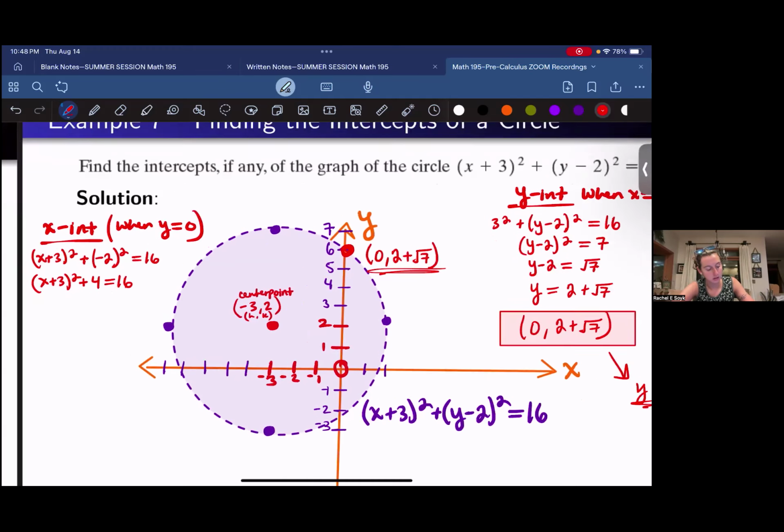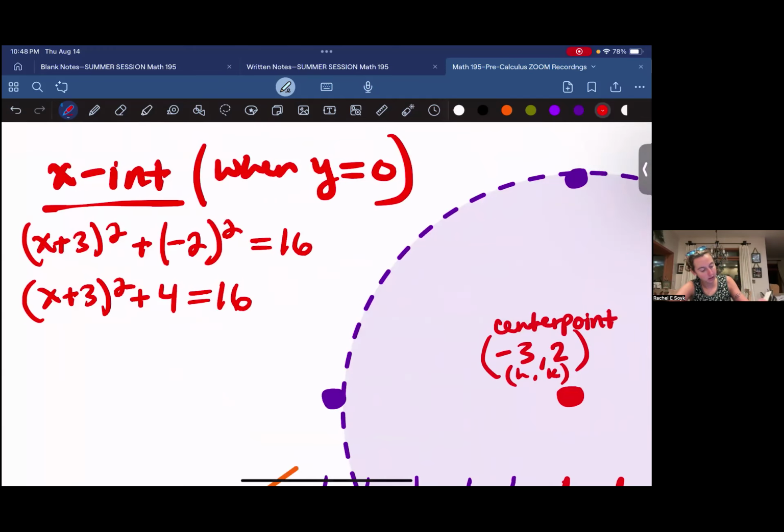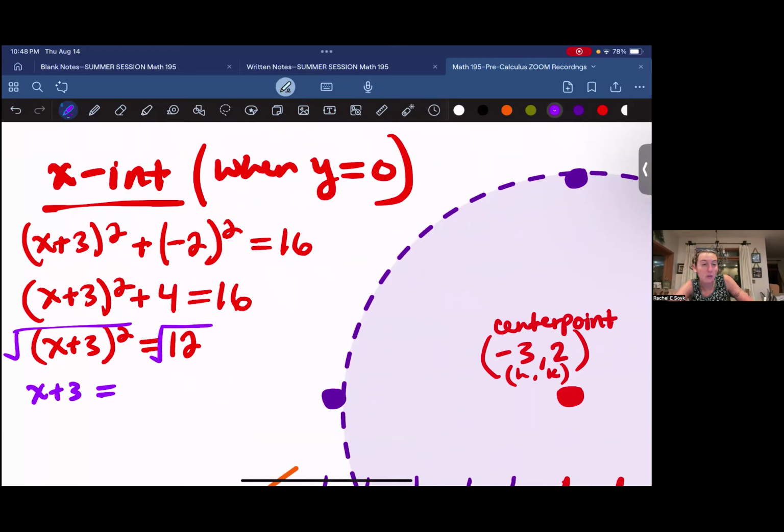I'll zoom in so you can see it more clearly. Bring that 4 over to that right-hand side. And so 16 minus 4 gives you 12. Now we're going to go ahead and take the square root of both sides. And so we get x plus 3 is equal to the square root of 12, which is the same as the square root of 4 times the square root of 3.